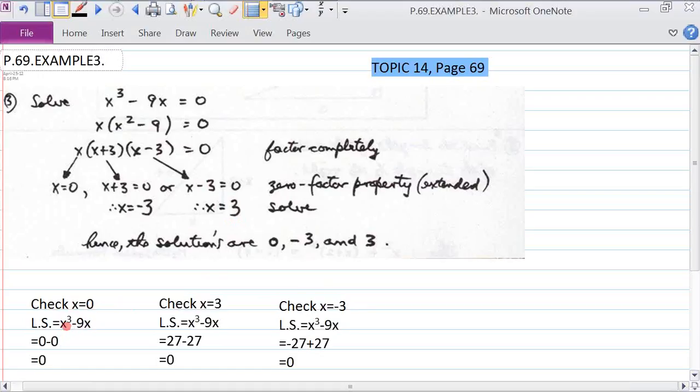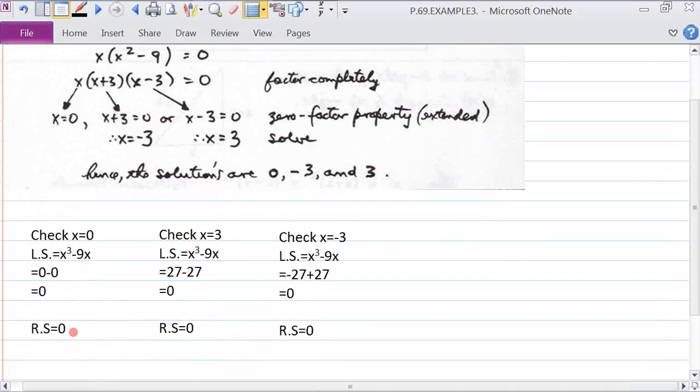Here I check each one of these solutions. I put it back into the original equation, which is right here. When x is 0, obviously x cubed is going to be 0, and minus 9x is going to be 0. So I get 0, and the right side is 0. If I check 3, x cubed will be 27. Minus 9 times 3 will give me minus 27. I'll get 0 again.